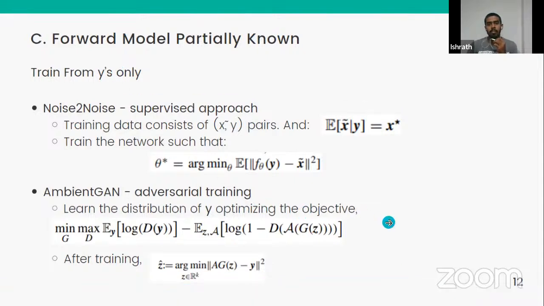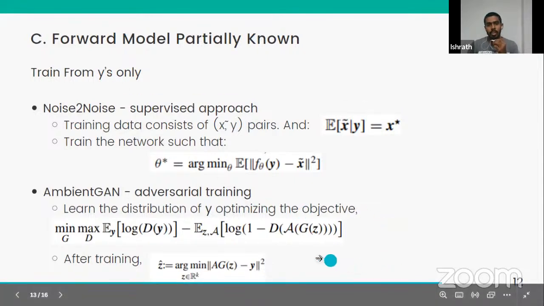So ultimately, what we are trying to do is to train a generator and discriminator model. The generator will be able to generate ground truth images that will be able to transform into the distribution of y.